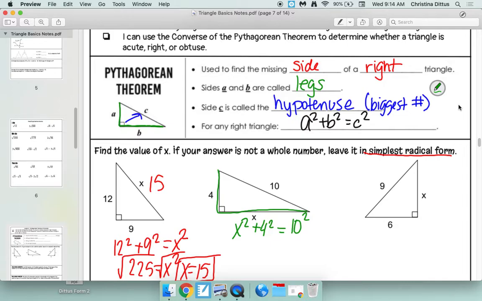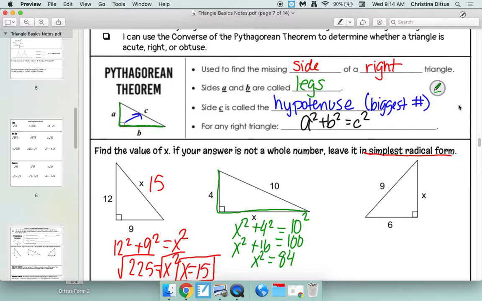So what is 10 squared? 100. What's 4 squared? 16. How do I get x squared by itself? Subtract 16, I'm left with 84. Is 84 a perfect square?